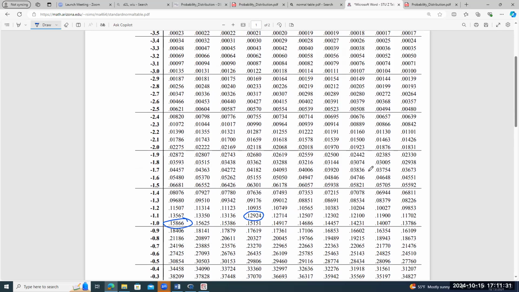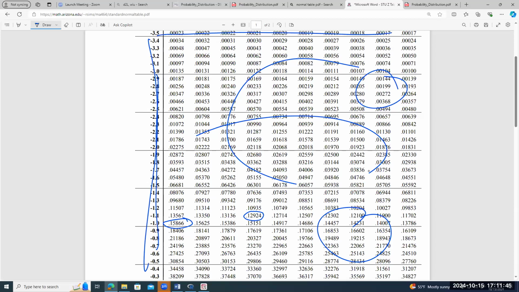That could also be acceptable. But see, this is called the inverse problem. Understand? Previously, we looked in there and found these values. Now we are looking in here and finding these values. Clear? So now our value is negative 1.1.